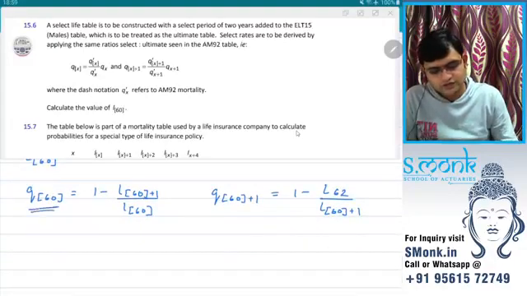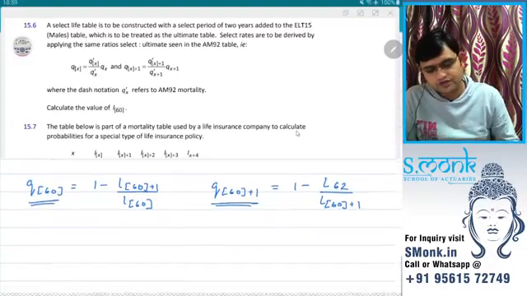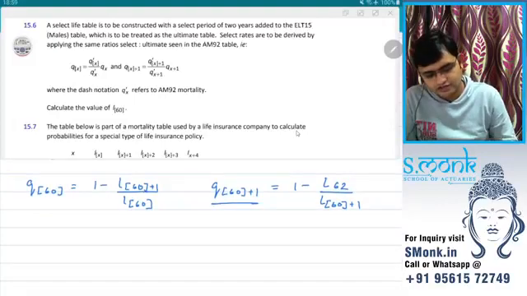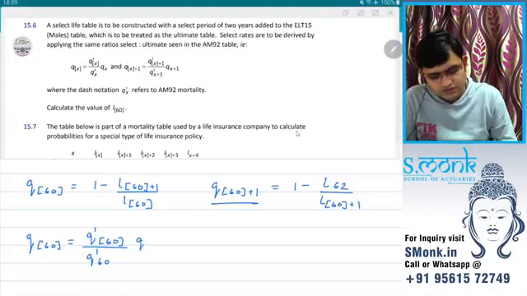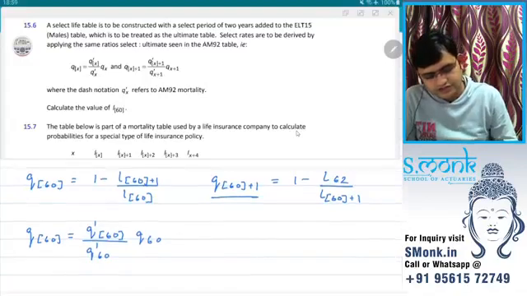Now we can also calculate these values from the equation that they have given us. We're talking about Q select 60 would be equal to Q dash select 60 from AM92, Q dash 60, and then Q60. So let's find this.